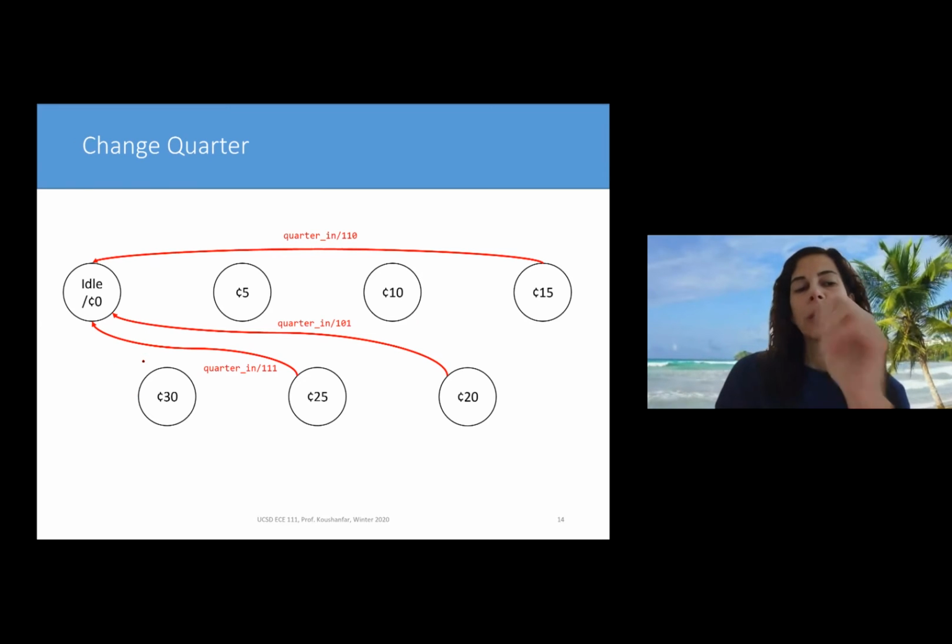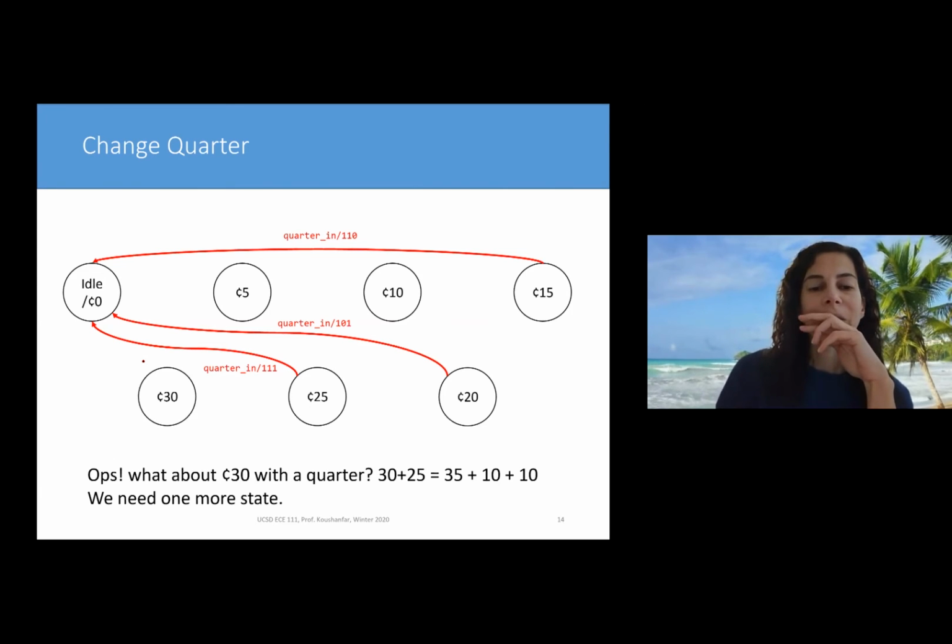The same is true here. If I'm at 25 cents and I get a quarter in, I'm going to dispense a drink, but I'm also going to dispense 15 cents out, and so on. But what happens if I'm at 30 cents and I get a quarter?